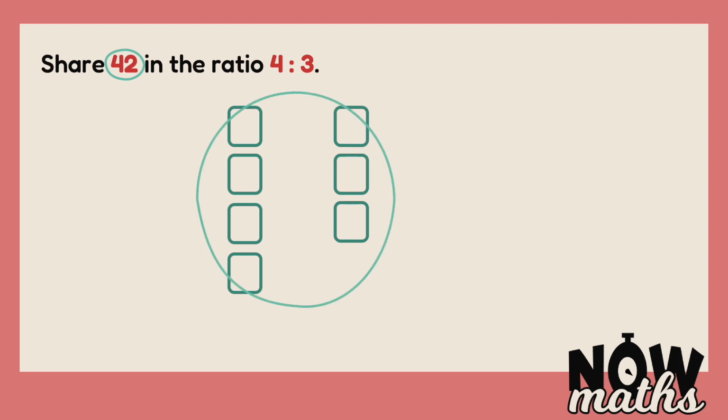So there are 7 parts altogether, and we need to split 42 into 7 parts equally. So we'll do 42 divided by 7, which is 6. This tells us that in each part of our ratio, we need to write the number 6.